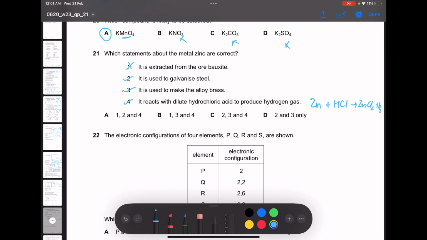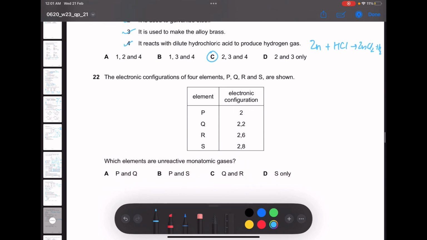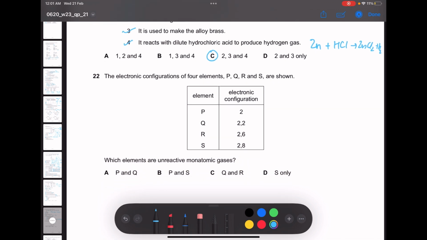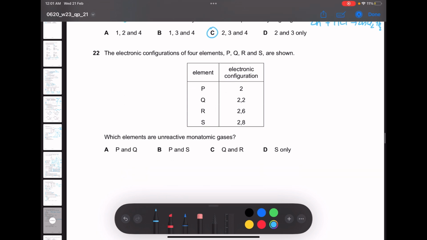The electronic configurations of 4 elements P, Q, R, S are shown. Which elements are unreactive monatomic gases? An electronic configuration of just 2 is helium.